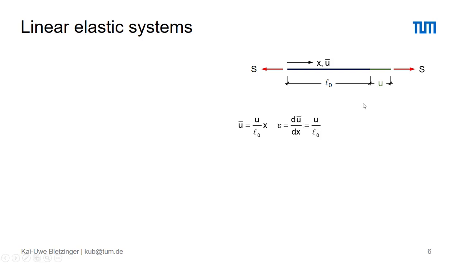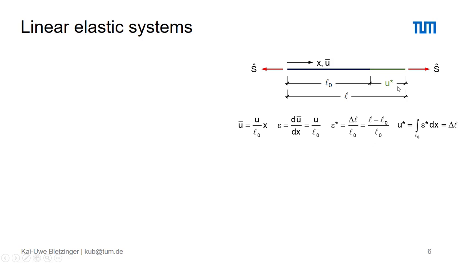The strain, as is well known, the linear strain, is simply the first derivative of U bar with respect to X, and we receive this ratio as the linear strain. As we further pull with S until we reach the intended force, as we want to have in the final stage of our structure, we see these relations between the final strain, the final tip displacement, and the elongation of the bar.